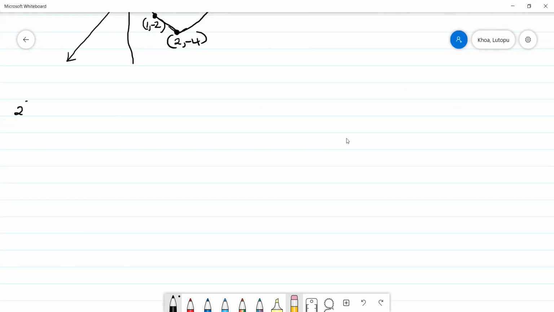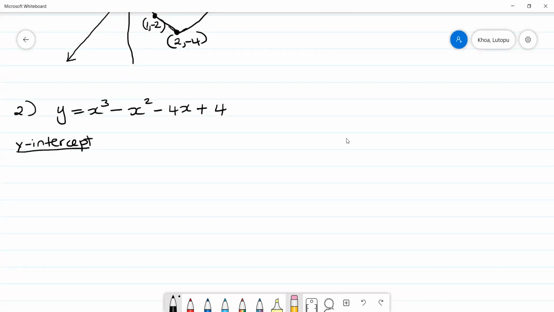Second one, we want to sketch y is equal to x cubed minus x squared minus 4x plus 4. Okay, so we start with the y-intercept.